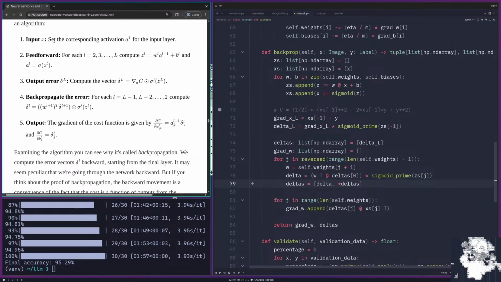Input x, set the corresponding activation a of 1 for the input layer. Feed forward. For each L, 2, 3, up to the final one, compute z equals w times a plus b, and a equals sigmoid of z. So that's this part. Output error delta. Compute the vector delta of the output layer as this. So that's this.